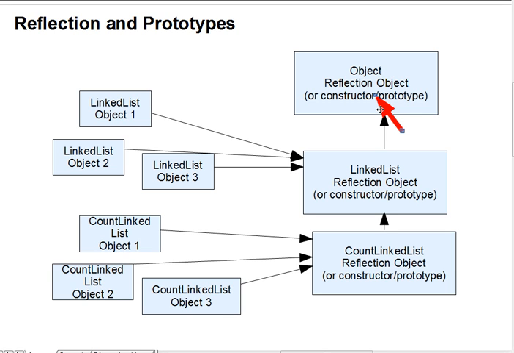For each class, whether it's defined in the library or by the user, in a Java program, there is exactly one class object. Ditto for C# classes and the type objects in C#, and roughly it's also true for C++ classes and RTTI and vtables. So one reflection object per type.